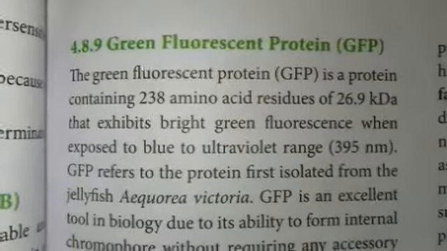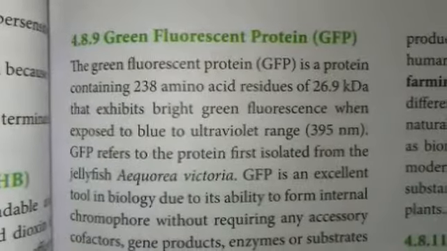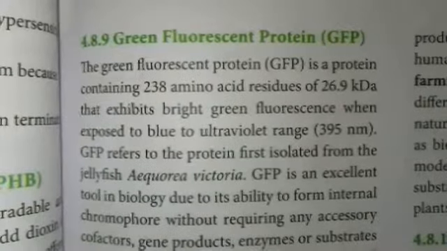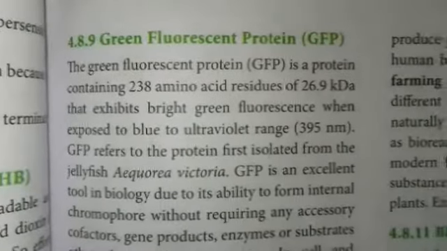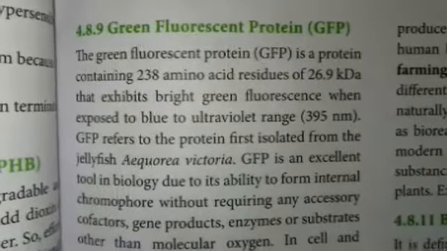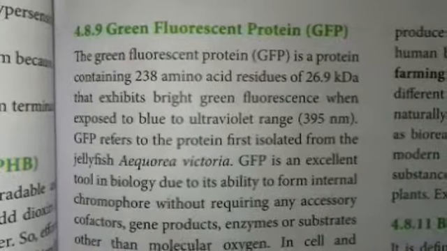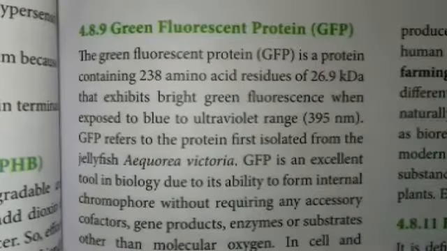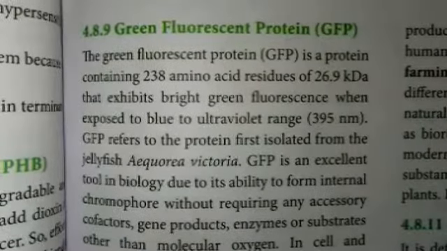Green fluorescent protein, GFP. The green fluorescent protein is a protein containing 238 amino acid residues of 26.9 kDa that exhibits bright green fluorescence when exposed to blue or ultraviolet range, 395 nanometer.